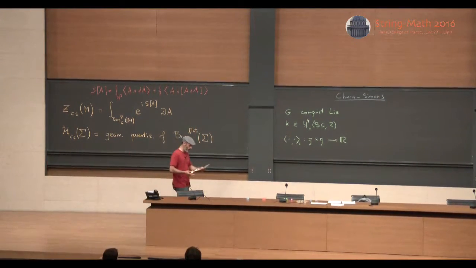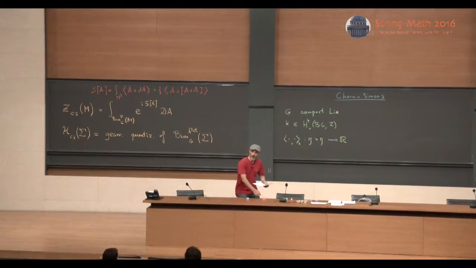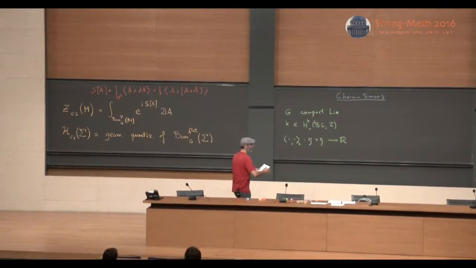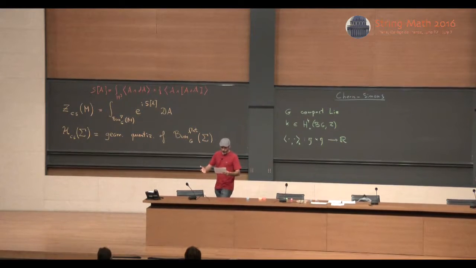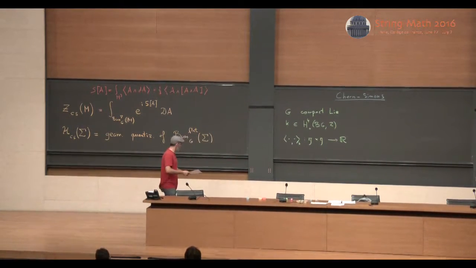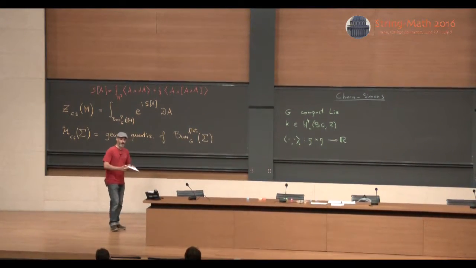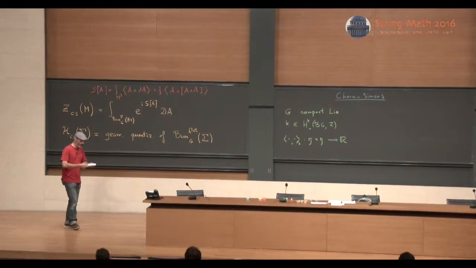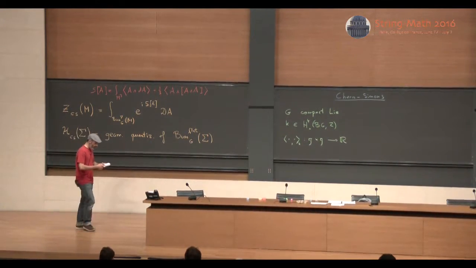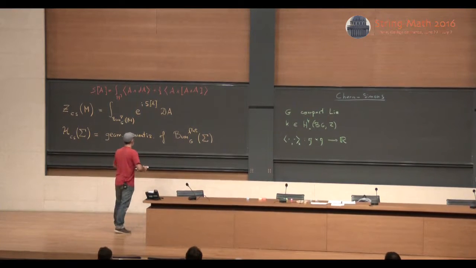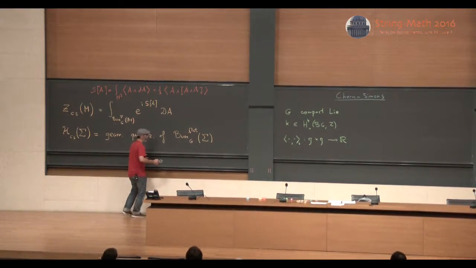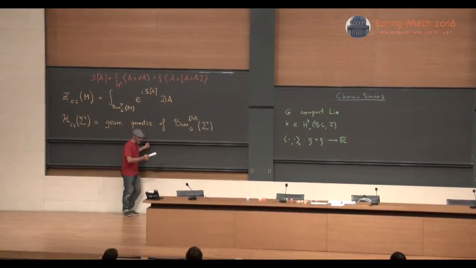But if you want to go beyond that, either for the purpose of having a mathematically solid definition or from the point of view of doing calculations, then it's actually a good idea to just start all over using a different idea.